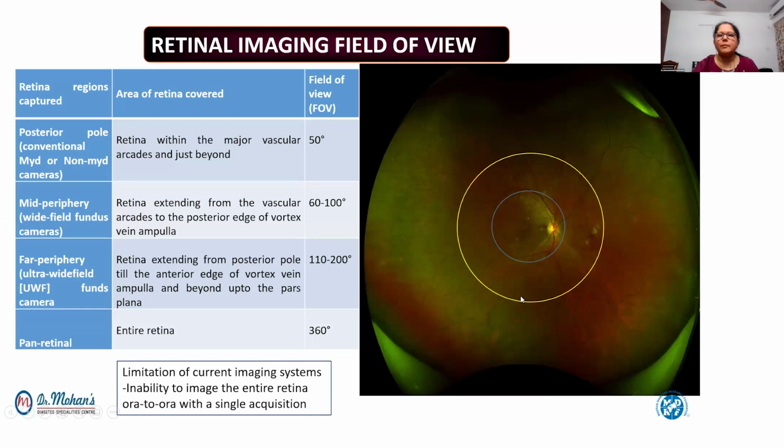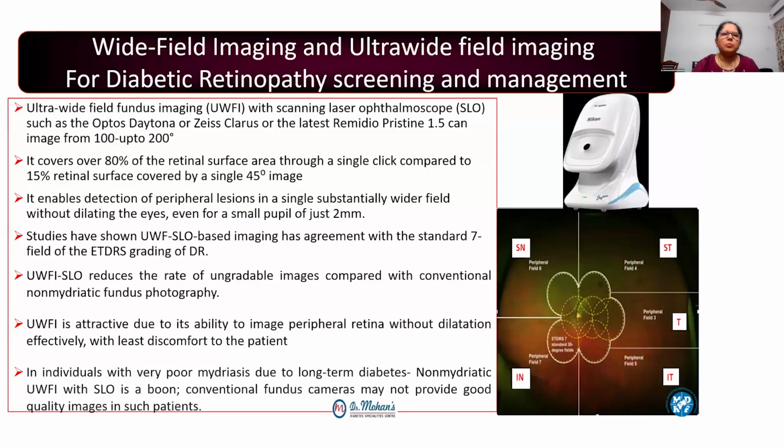But the ultra wide field image gives a much wider view, up to 200 degrees field of view. What none of the present imaging systems have is ora to ora imaging of the entire retina with a single acquisition; we don't have that as of now, but we could probably get it in the near future.